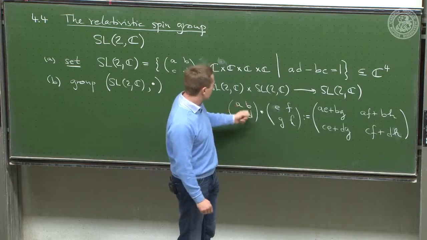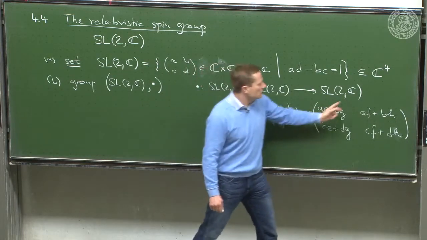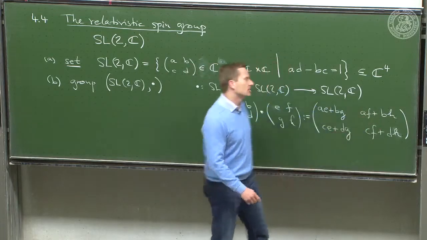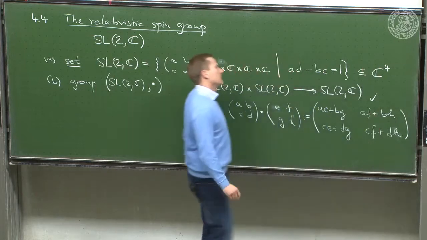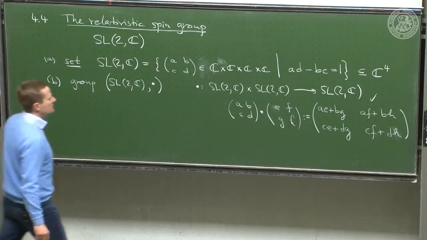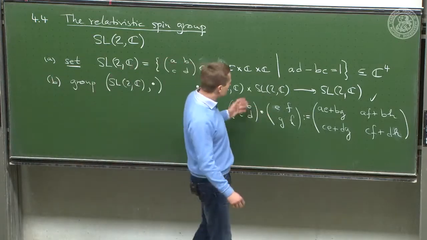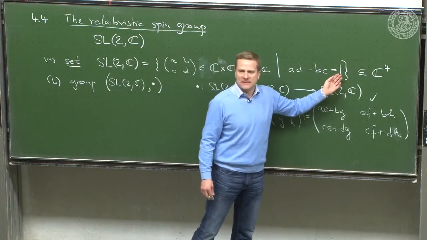If you know that AD minus BC is 1, and you know that EH minus FG is 1, you will find that also here this rule is satisfied. So this needs to be checked, but it, of course, applies. Or if you want to think in terms of determinants, of course, the determinant of a matrix product is the product of the determinants, so it will stay 1.